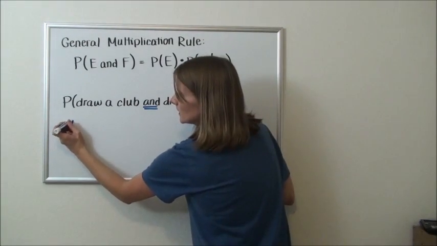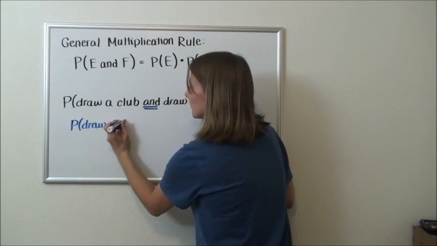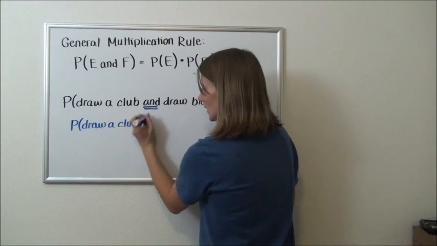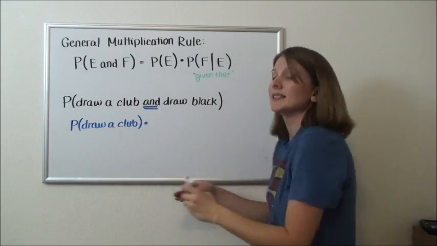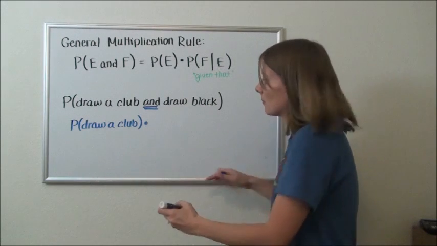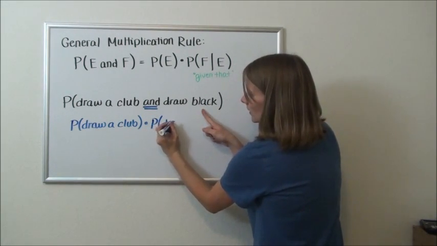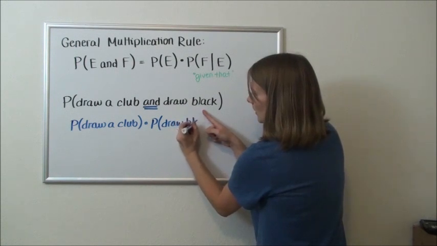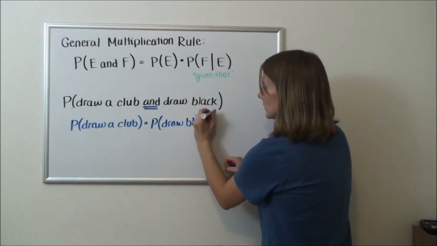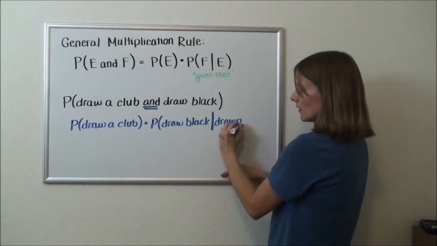First part always stays the same, so probability that I'm going to draw a club. And then "and" turns to times. It's the second piece that's now different. It's dependent on what first happened. So I'm going to look at the probability that I draw a black, but I'm looking at that probability given that I've already drawn a club.